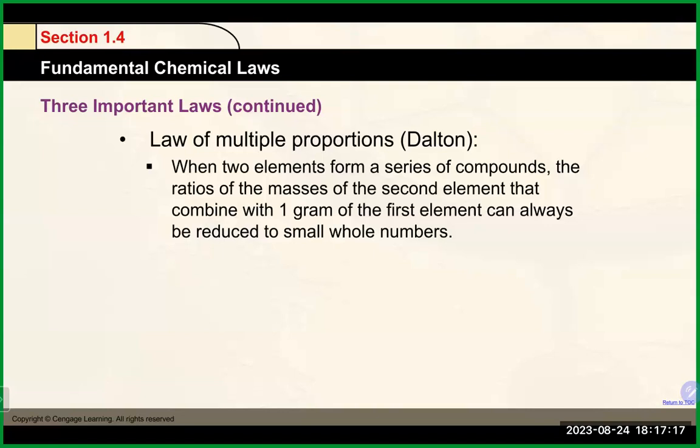So, for example, if we have something like CO and CO2, those are both carbon and oxygen compounds, right? And they're both made up of the same 2 elements, just different amounts of each of those.